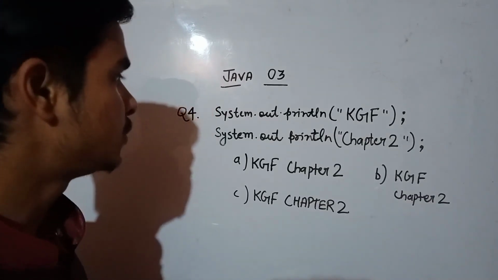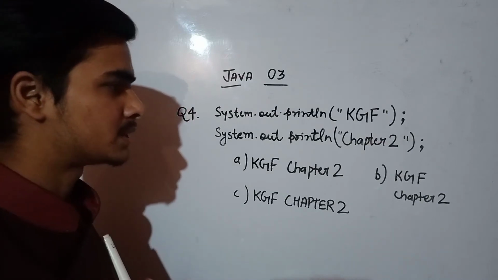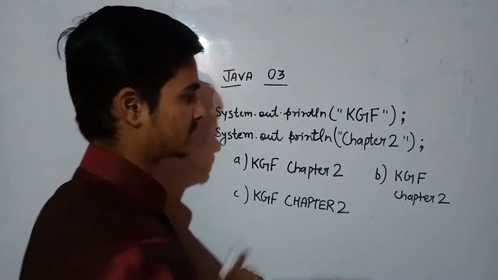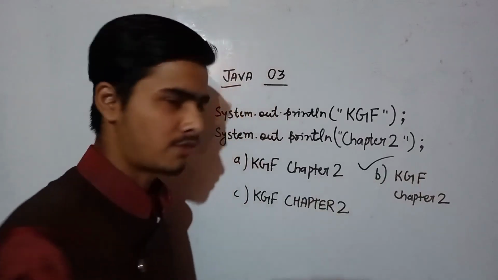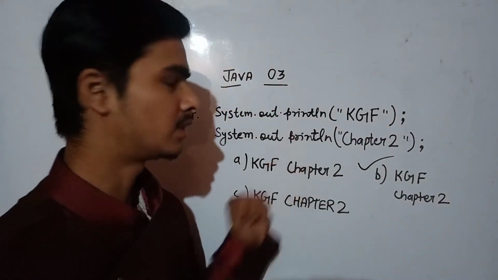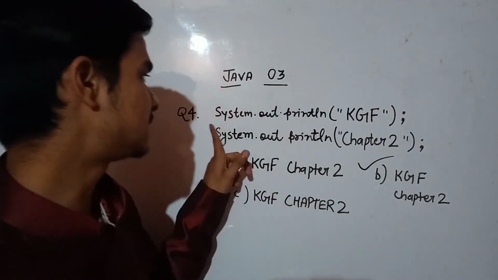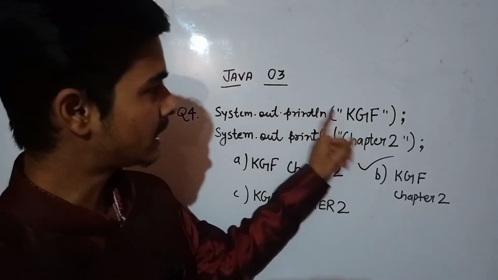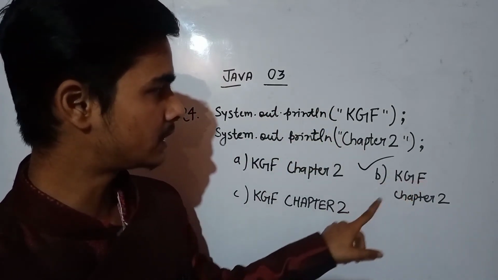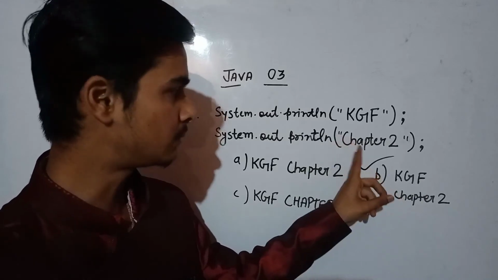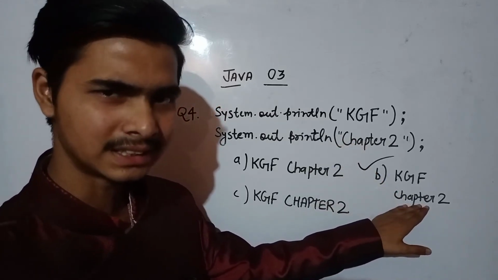I think most of you must have chosen which option? Second option. Yes, very good. This is the answer for these statements, because this line says print and give a new line. So print and give a new line, and so the next statement got executed in the next line.